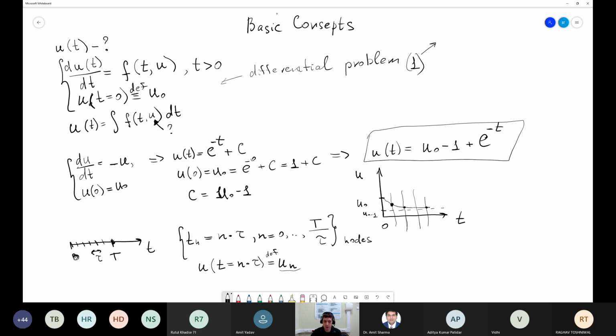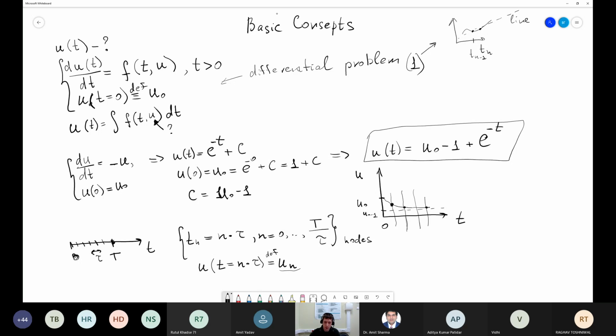What can we do? Let's think that we have some function, and we want to approximate somehow the first derivative. At this point, we can draw the line over the points tn and tn minus 1, and say that this line is a good approximation of the first derivative at this point.